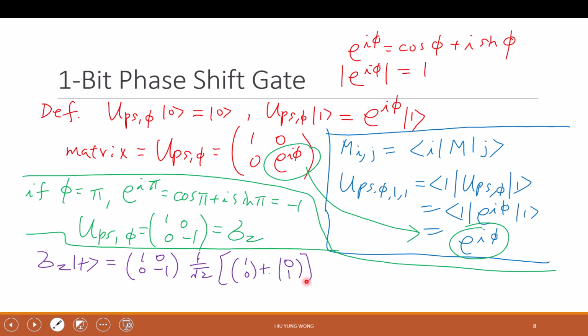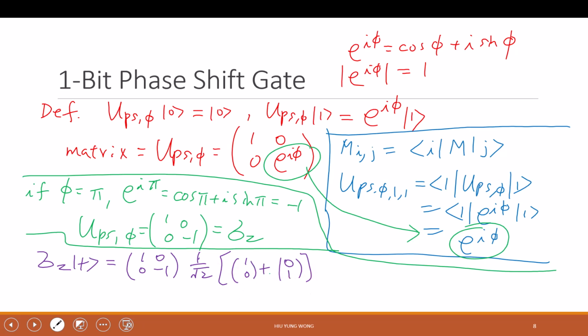Everyone okay with what I'm writing here? Any questions? Why is this the plus state? It's a superposition of the bases. This is 0, this is 1, right? 0 ket, 1 ket. That's what I mean.